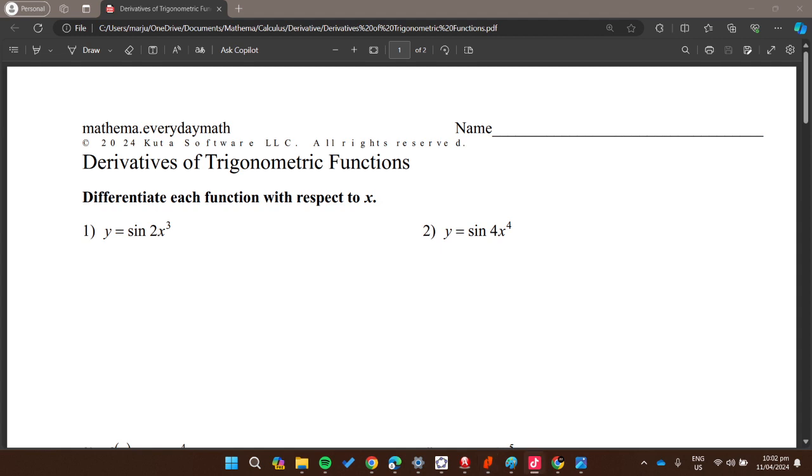Gagamit tayo ng chain rule to answer this problem. So, ano yung gagawin natin?